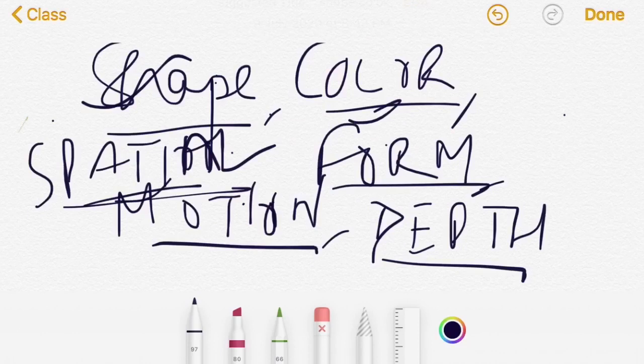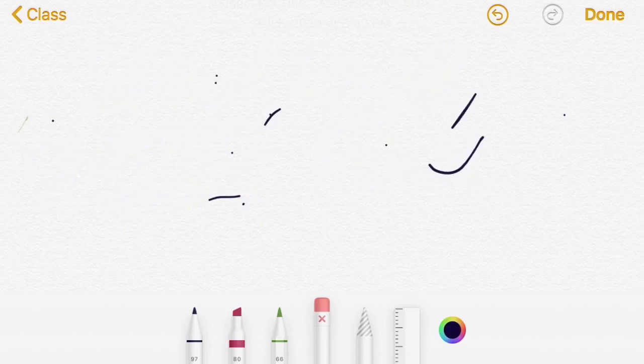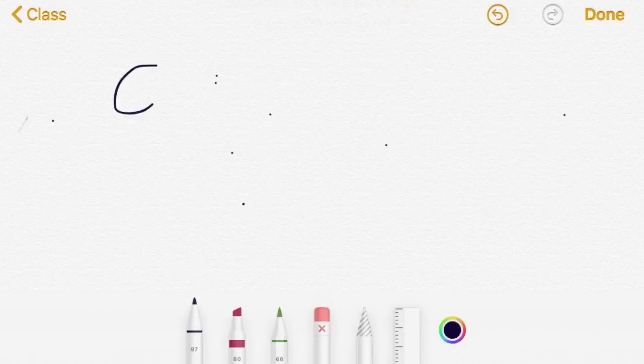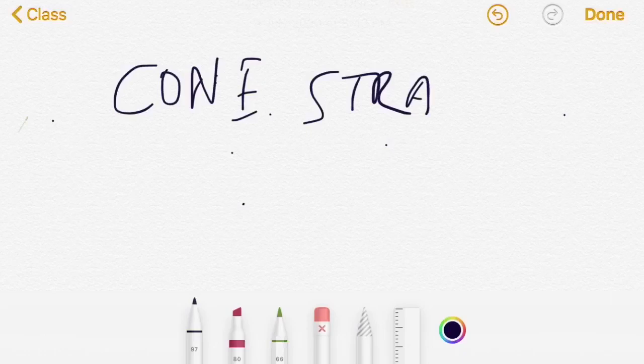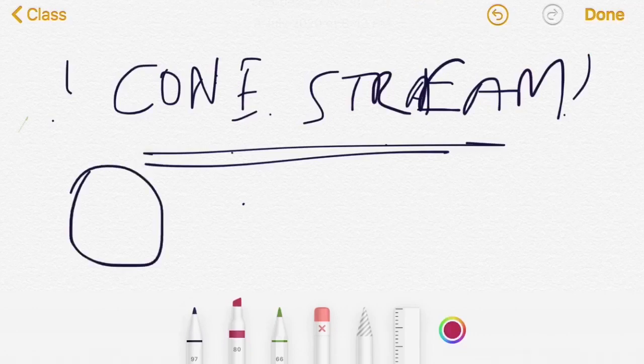So, all these characteristic features of an object are perceived by two different systems. One system is called the cone stream, the other one is called the rod stream. This cone stream originates mainly from the central part of the retina.